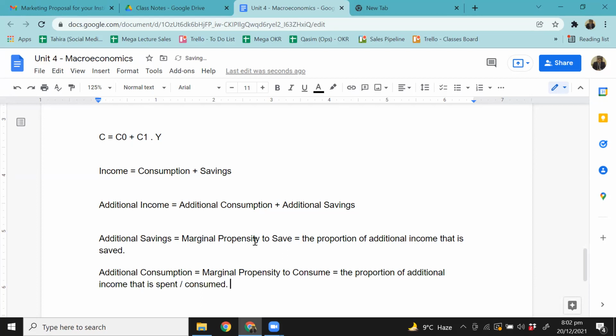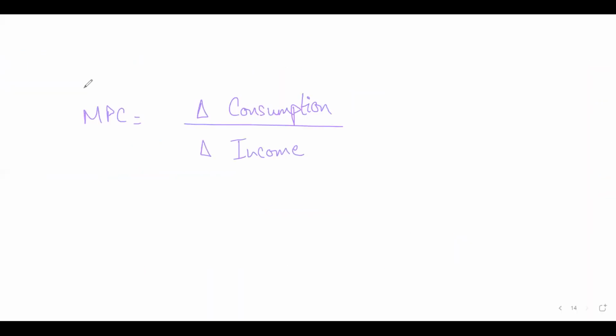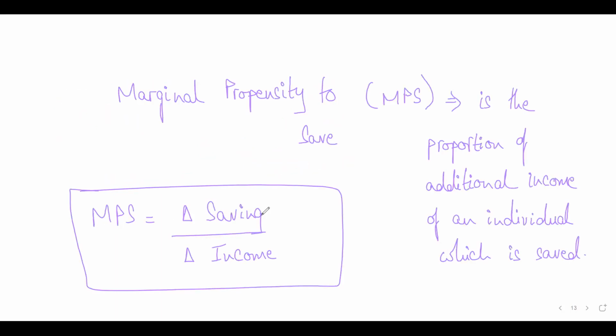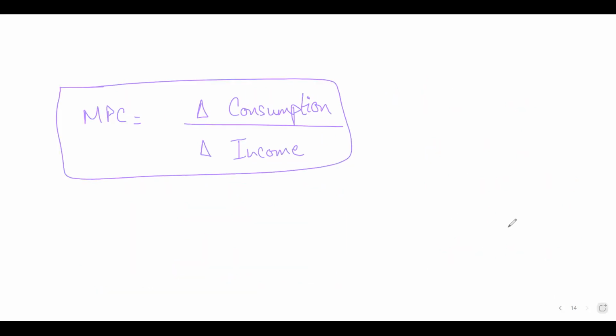Now have a look at this. We have looked at the formulas for both marginal propensity to consume, which is change in consumption divided by change in income, and marginal propensity to save, which is change in savings due to change in income. Now look at this very carefully.